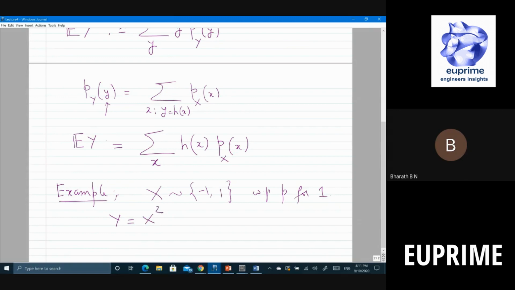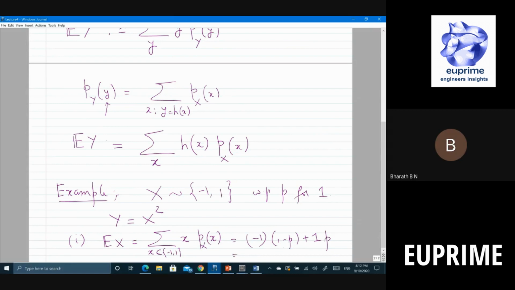Now let's compute first what is the expected value of x. Easy, right? It's summed over all x, that is x equal to minus 1 and 1, x times the PMF of x. So this is x is minus 1 with probability 1 minus p, plus x is 1 with probability p.